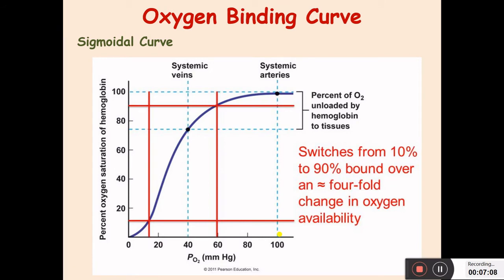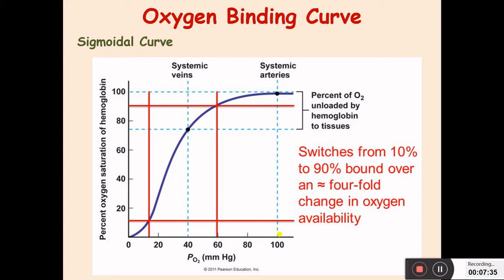Now we'll check the oxygen binding curve. As I told you before, we needed such a protein which should be strong for binding oxygen so that it can transport, and at the same time it should not have that strong bonding that when we require oxygen it will not be able to release.